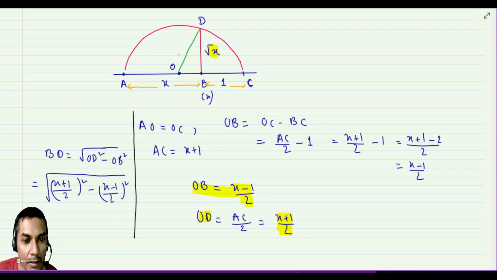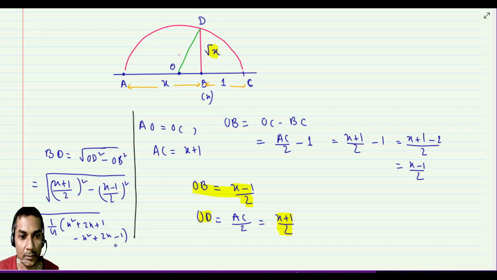Okay. Then what will we get inside the root? Here we get 2 square, 4, so this is 1 by 4, and here it is (x plus 1) whole square, meaning x square plus 2x plus 1, and here x square minus 2x plus 1, and after the minus we get x square cancel out, the minus becomes plus 2x, and the 1 becomes minus 1. Clear? So x square cancels out and 1 cancels out.